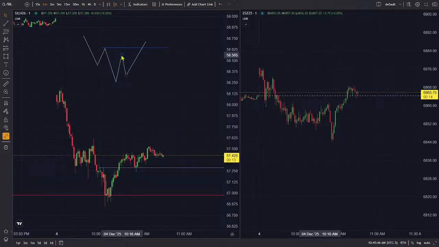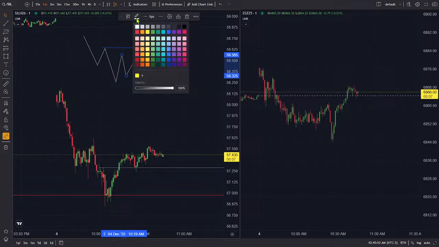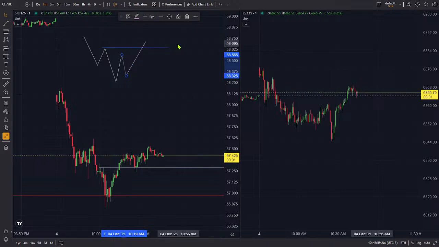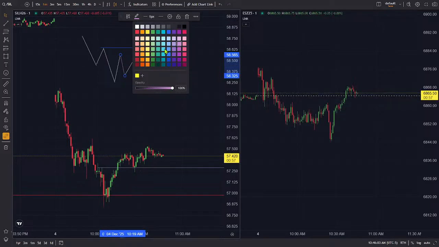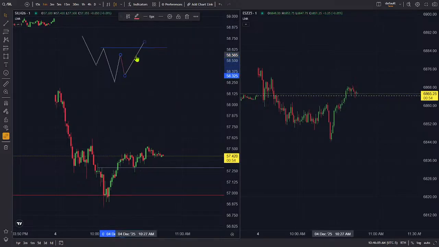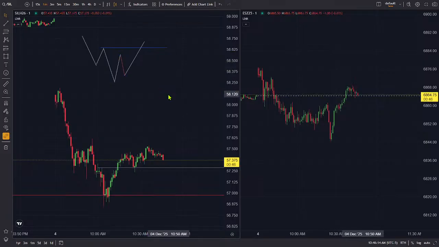Waiting for this push right here. There we go.